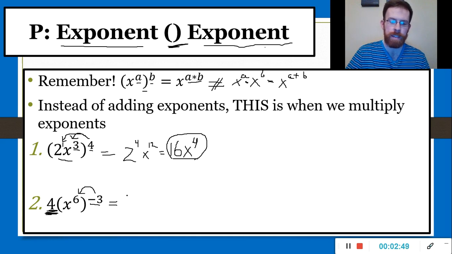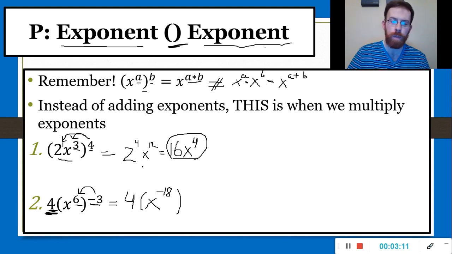So that is just 4 on the outside. What is -3 times 6? It's an 18, but a -18. That's right, good job, ladies and gentlemen. To the -18.